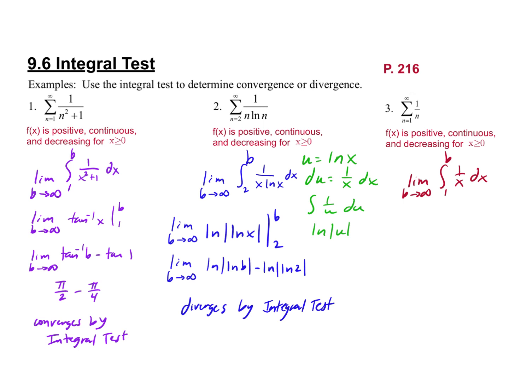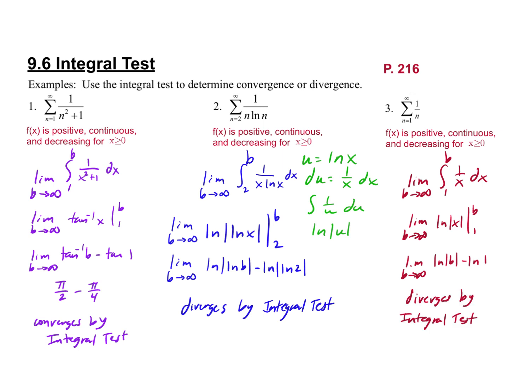Of course, we know that one. That is just the natural log of the absolute value of x. So then, as we just discussed, this is unbounded, so this also diverges. Okay, so that is the integral test.